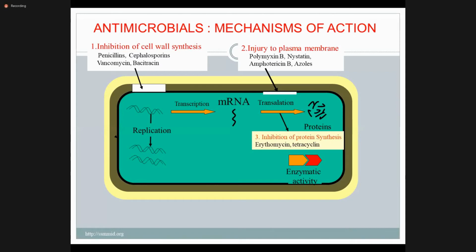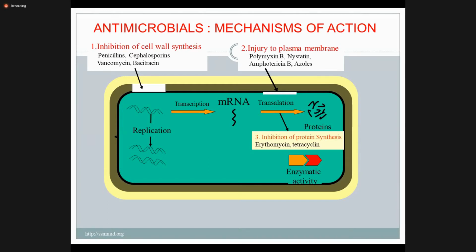So there is a broad group of antibiotics, right, in which we have different subgroups, and the main group is the protein synthesis inhibitors. In this major group, we have different subgroups of antibiotics that produce their activity by inhibiting protein synthesis, right?